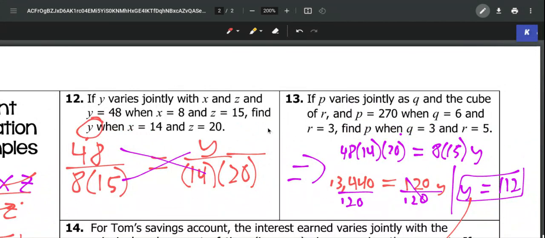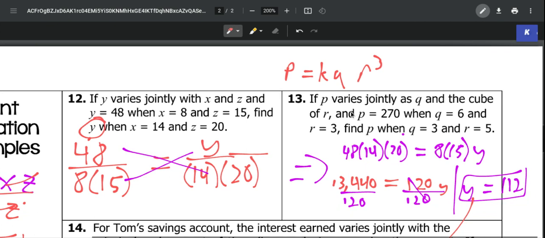The only thing that changes here is now we've got p equal to k times q times r to the third, because it just adds that we had this cube of r. That's the only thing here that's really any different, which let me look at the homework to see if there's any problems like this. I can't remember if there are. Yeah, which we'll probably work those possibly in class. But that's the only thing that changes there. Everything else is the same.